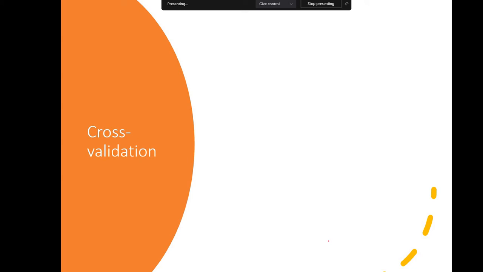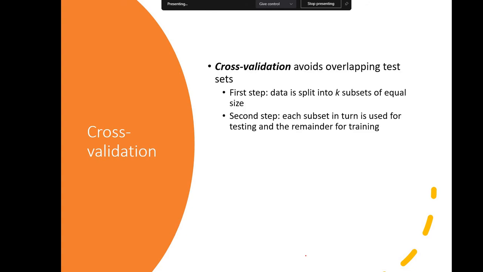That's not enough. So instead of dividing the dataset into training and testing, we divide it into multiple partitions. We call them folds. The idea in cross-validation is that you maximally use your data.